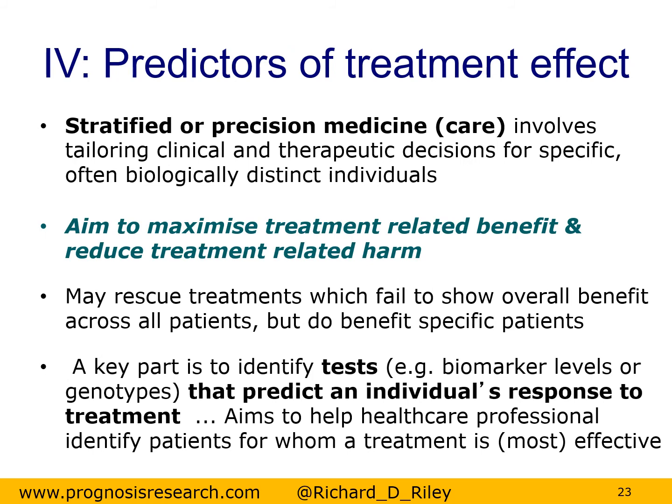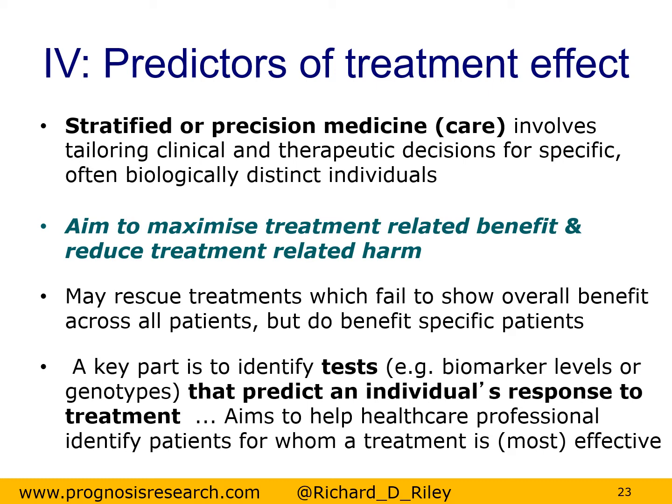The fourth prognosis research type is predictors of treatment effects. And this is where we're trying to look at which treatments work well for particular people. So traditionally we have an approach where we'd look at the average effect of a treatment across all people in a particular population, but it could be that some treatments work for some and not for others. And if we can understand why that is, then we can tailor treatment to maximize treatment-related benefit and to reduce treatment-related harm.